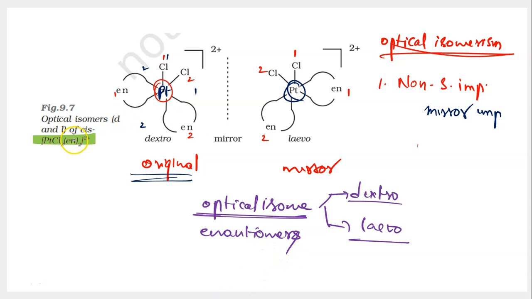So this complex that you see here is optically active. It is exhibiting optical isomerism, which is D isomer and L isomer. The original is D and the mirror image is levo, the L isomer. I hope now you could understand optical isomerism in detail. But in case you have any doubts about this, you can always ask them in the comment section below.